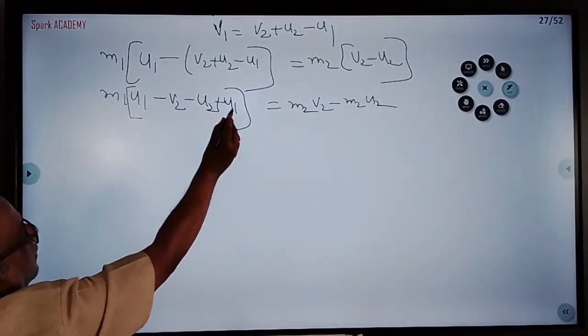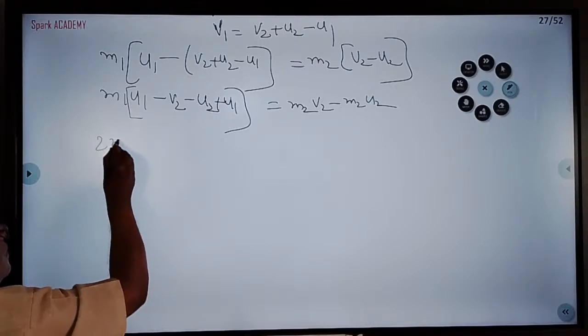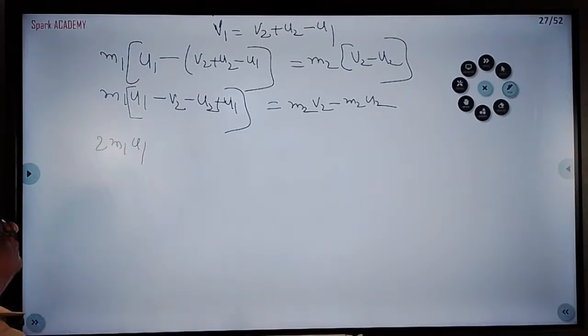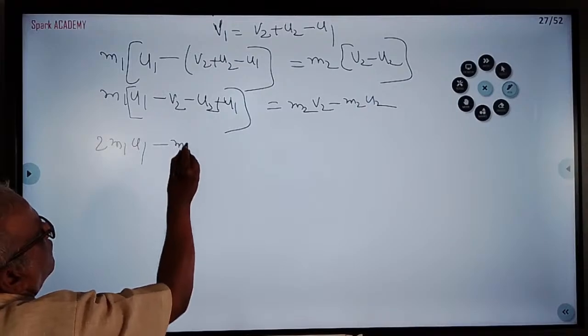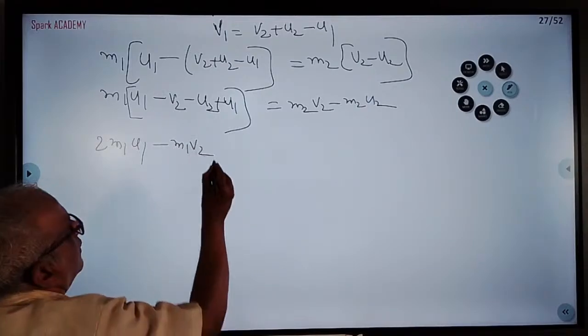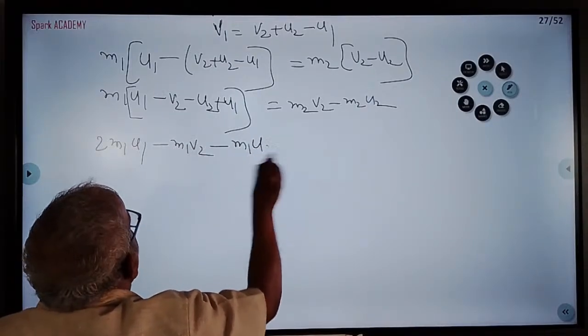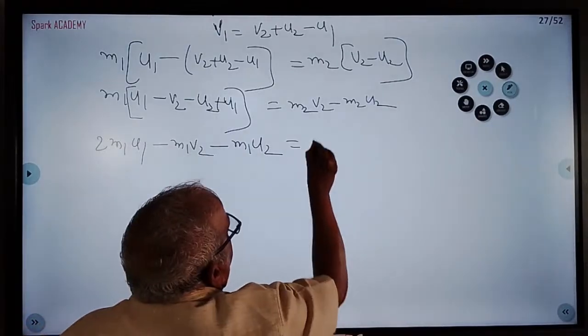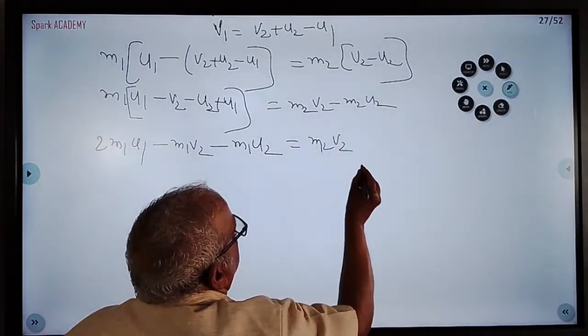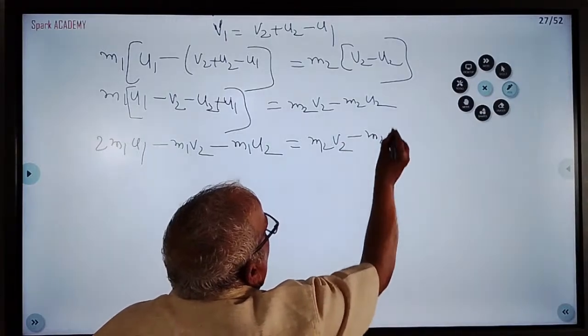Here u1 plus u1, 2 u1, so I get 2 m1 u1, minus m1 v2, minus m1 u2 also. Here I get m2 v2 minus m2 u2.